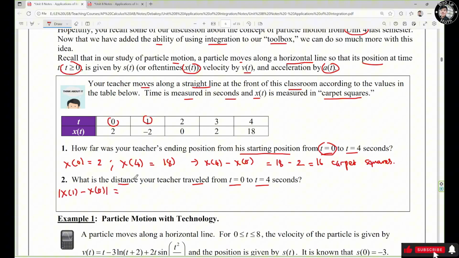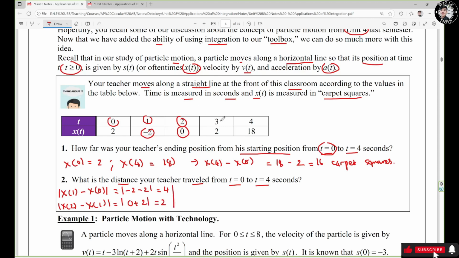It's going to be the absolute value of negative 2 minus 2, which is 4. Now, from 1 to 2, you have s of 2 minus s of 1. It's going to be the absolute value of 0 minus negative 2, which means 0 plus 2. It's going to be 2.